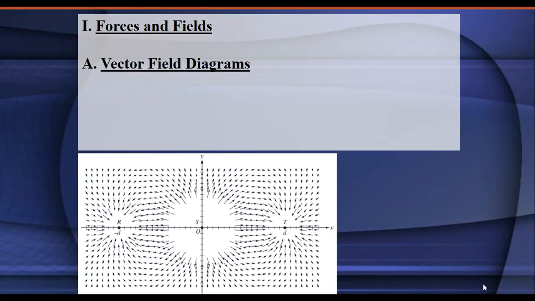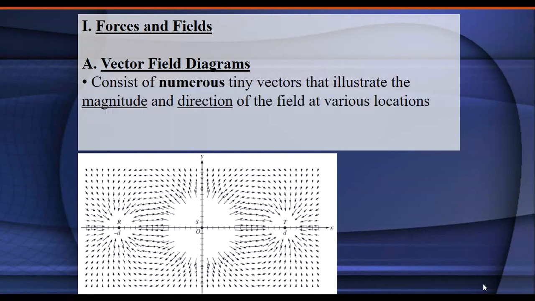Now, if we were to draw electric field lines in Physics 30, they would need to be continuous. So a vector field diagram is basically just a regular field diagram that we would draw, except we make the lines a little bit broken. Instead of continuous lines showing the direction, we have numerous tiny little vectors that illustrate what the magnitude and the direction would be at various locations.